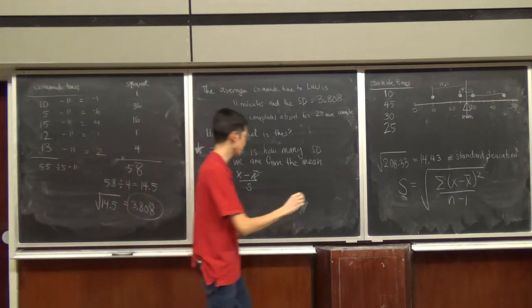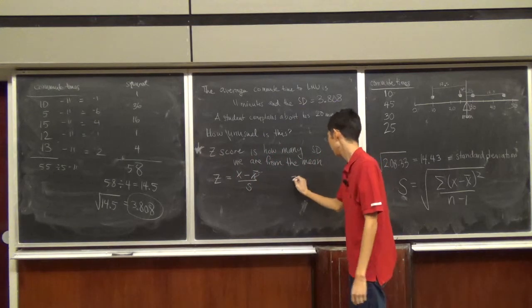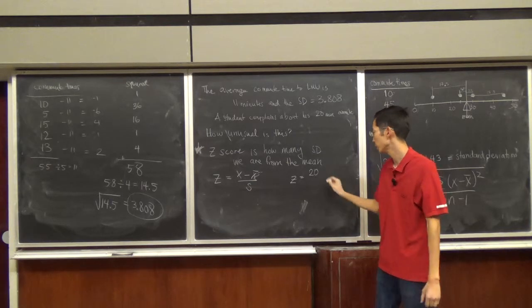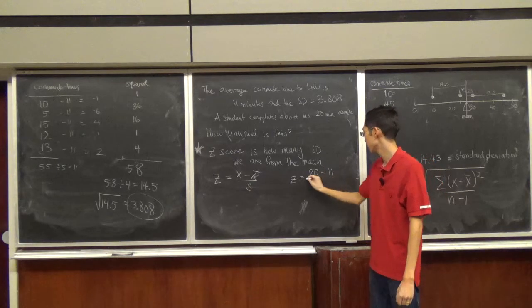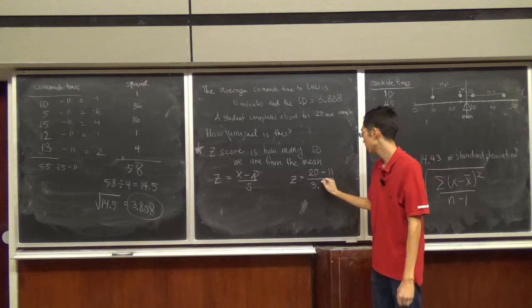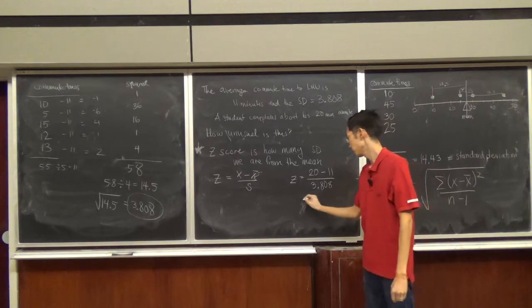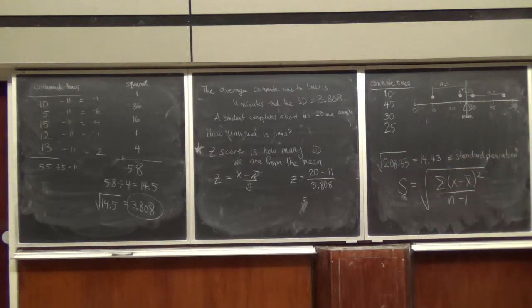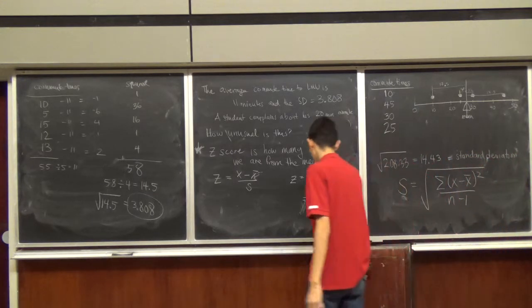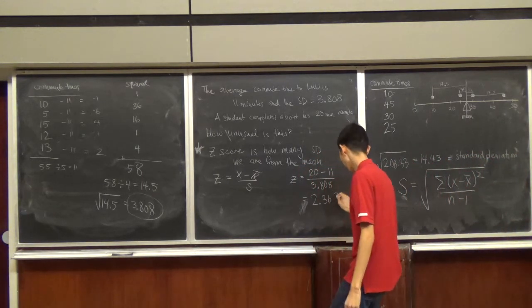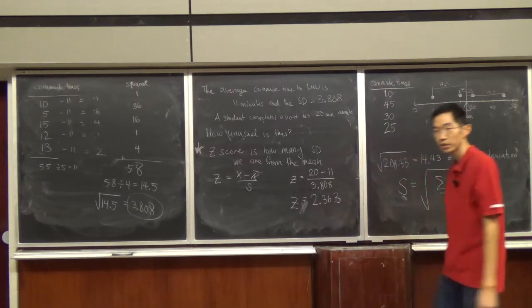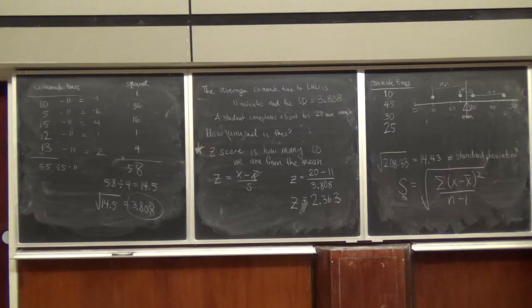So in this particular case, for the z, we take the man's commute of 20 minutes, subtract the average of 11, and we're going to divide by 3.808, and we get 2.36. So the man's z-score for his commute time is 2.363.